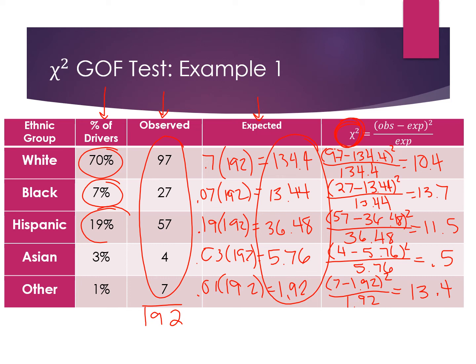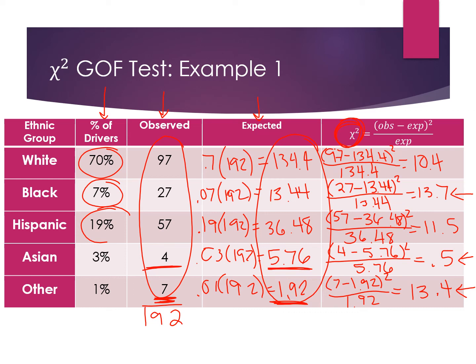So the bigger this chi-squared value is, the bigger the difference in those categories. Notice the Asian group right here, their chi-squared value is very small, only 0.5. That's because there wasn't much of a difference between what we observed and what we expected to get. But if you look at the Black population or the other population, these have very high chi-squared values because what you observed is very different than what you expected to see out of that traffic stop.